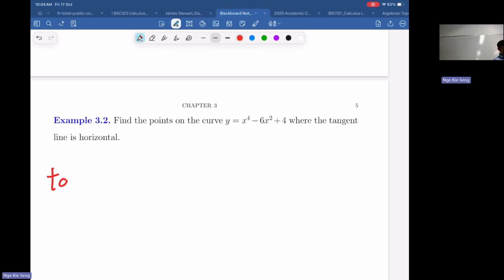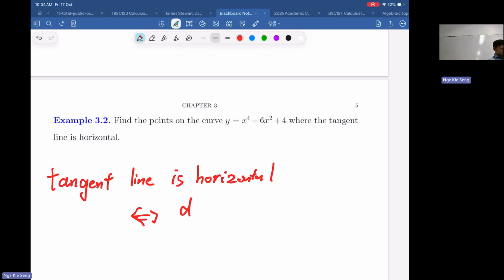This is the key point we need to digest, because dy/dx you should know how to compute already, very simple, the polynomial. But what's the condition about a horizontal tangent line? This is equivalent to what? What does this tell you about its derivative? dy/dx has to be?